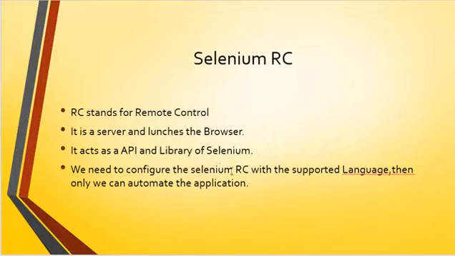We need to configure the Selenium RC with the supported languages, then only we can automate an application. That means if you are working on different programming languages like HTML, Perl, Python and all, you need to configure. That means you need to make some changes in Selenium RC. Then only you can easily automate an application.